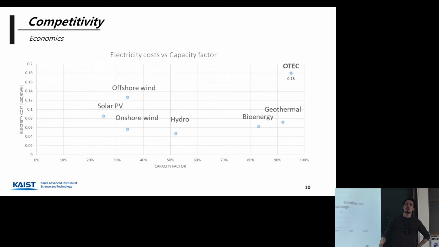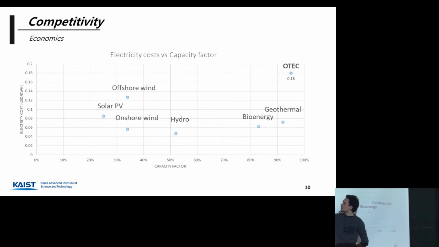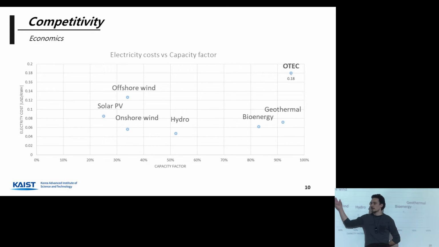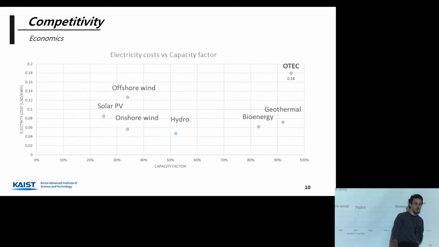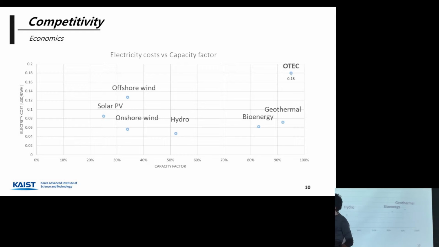Capacity factor is how long the plant can work at full power. And you see it's about every time for OTEC in comparison to solar power and offshore wind, where, as you know, there is no sun during the night. There is not always wind, so the capacity factor is much lower. On this axis is once again the cost.